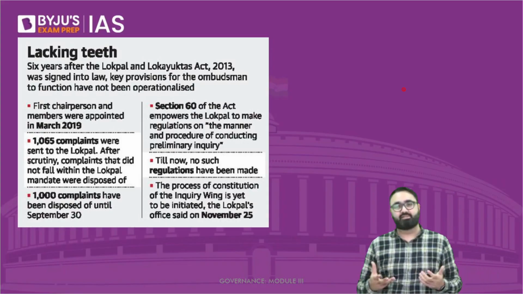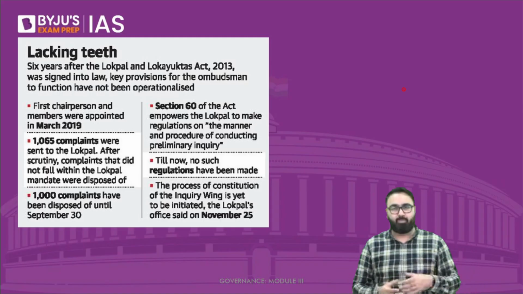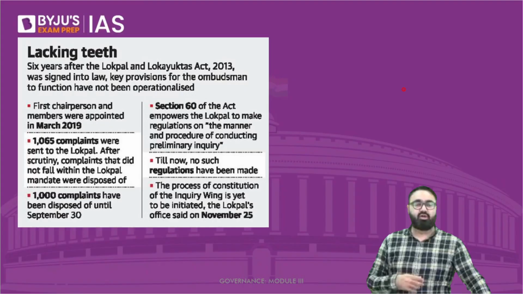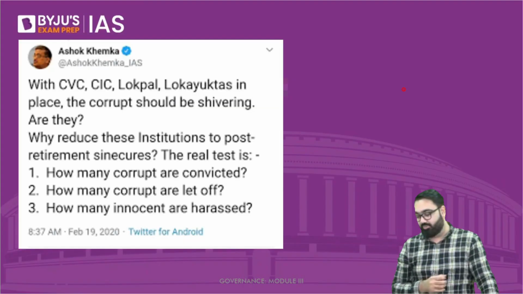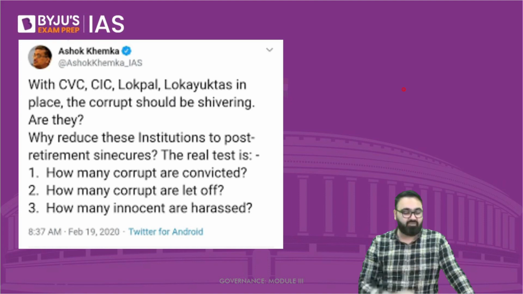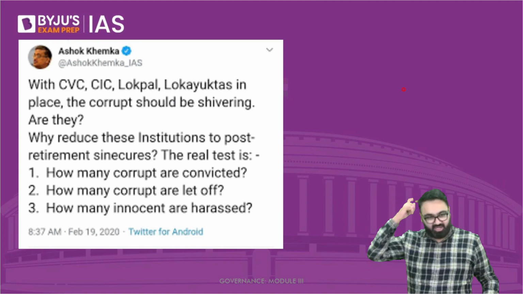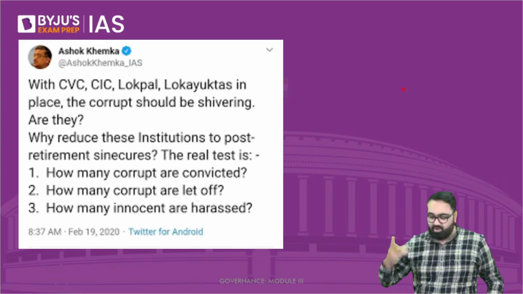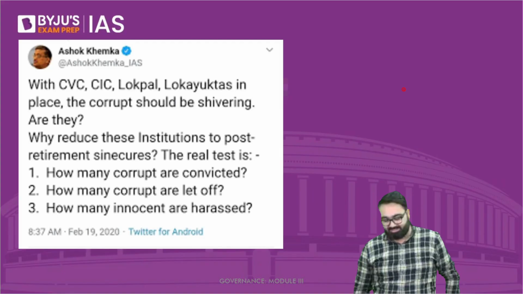Why would they change? If everything is running fine, they are getting the votes, they are running the government properly, why would anyone change? So rather than criticizing the government, the change has to start from you. You all would have heard of this very famous or infamous gentleman, Ashok Khemka. You have read about him, you have heard about him, right? See the kind of tweets he does.